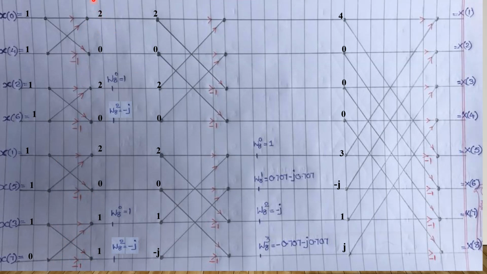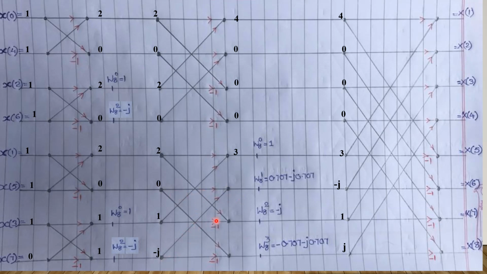Now this is given as the input to the second stage. Here you want to do the addition operation at this point. So here 2 plus 2, 4. Here 0 and 0, 0. So here 2 minus 2, the value is 0 at this point. 0 minus 0, the value is 0. At this point 2 plus 1, the value is 3. And again 0, 0.